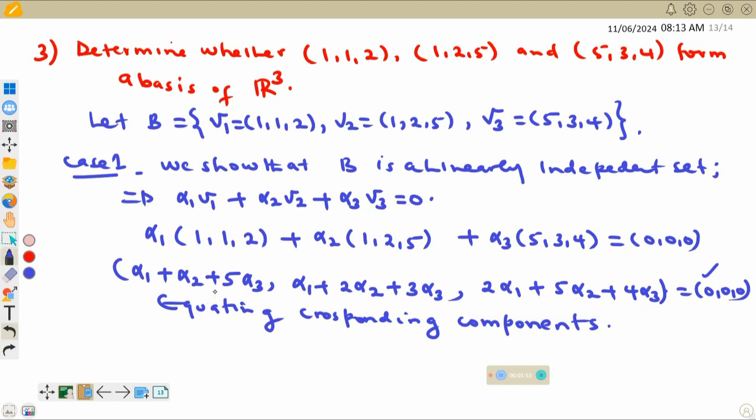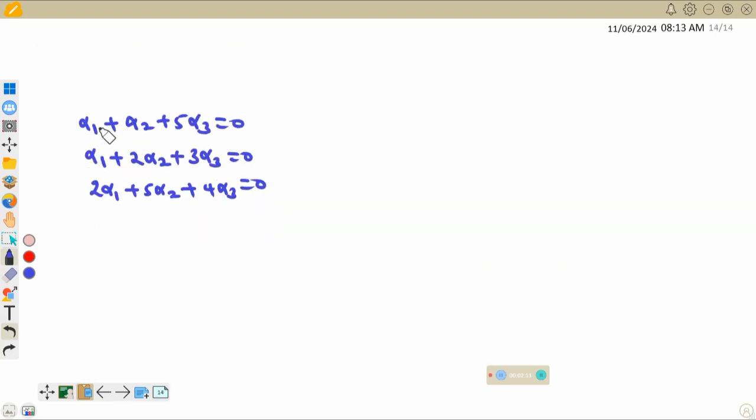When you equate the corresponding components, it means this expression will be equal to 0, this expression will be equal to 0, this expression will be equal to 0. So let us equate the corresponding components. When we do that, we shall be able to get these three equations.